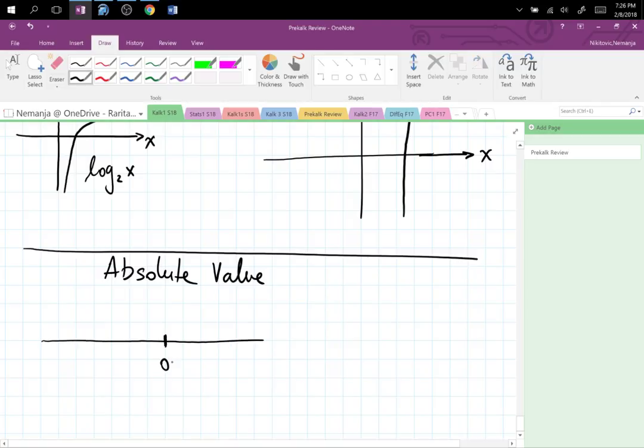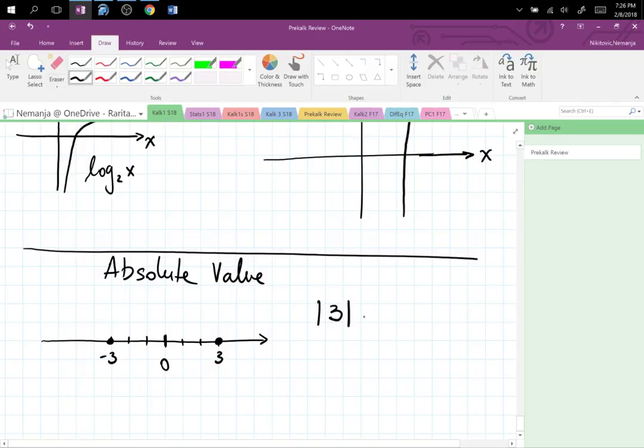So now to truly understand the absolute value, here we go. You have a 0, and then you have the number 3. Now, you also have negative 3 on the other side. Observe this.